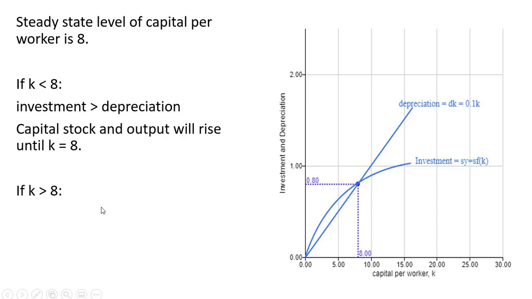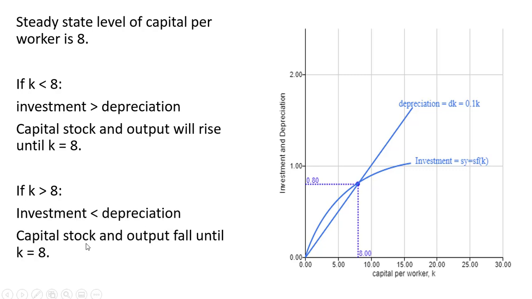And then we just saw in our last example, if we started with K equals 27, for example, investment will be less than depreciation, and as a result, the change in capital will be negative until we reach a capital stock of K equals 8. Okay, that's it. I'll stop here.